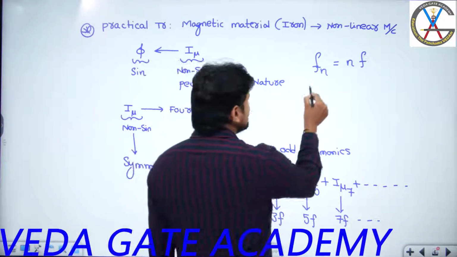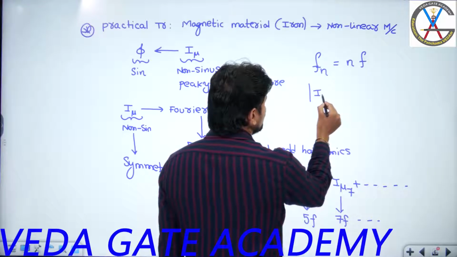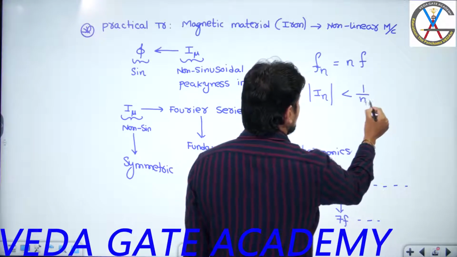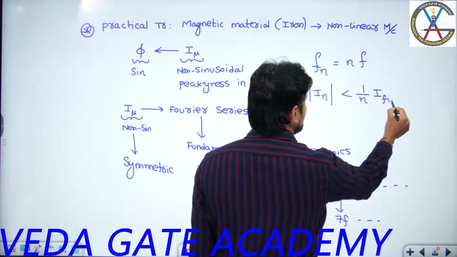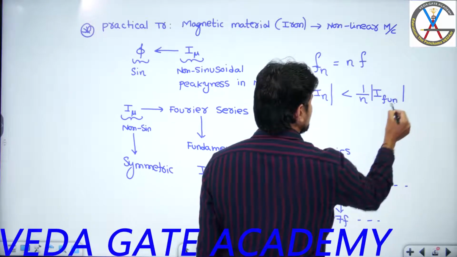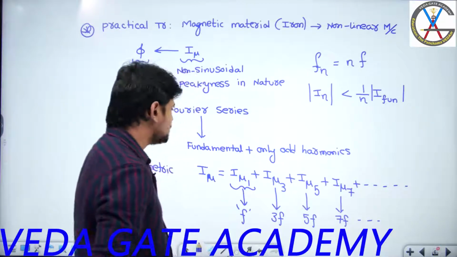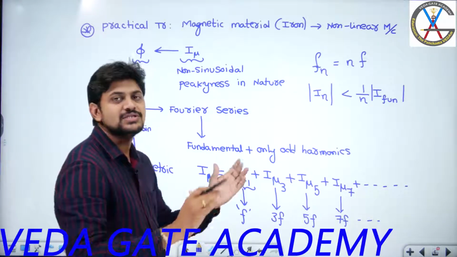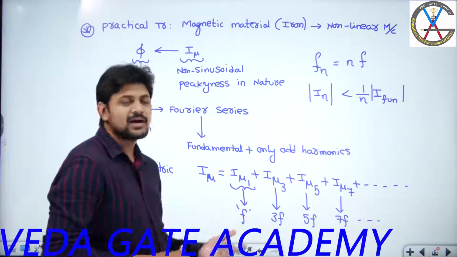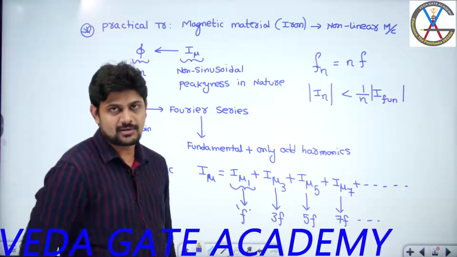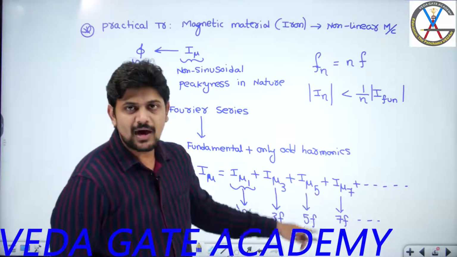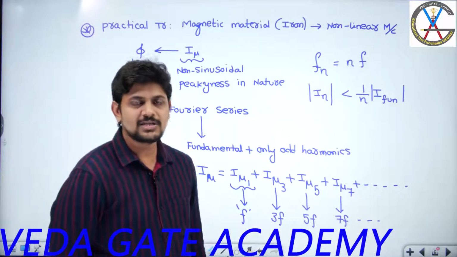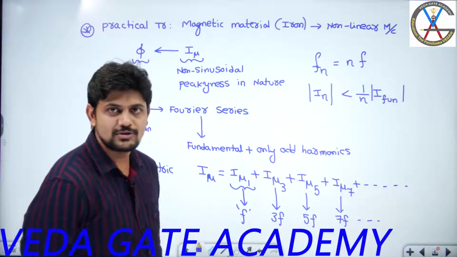But the magnitude of the nth harmonic component of current is always less than 1 by n times the fundamental magnitude. So if the fundamental magnetizing current is 10 amperes, then the third harmonic magnetizing current will be less than 10 by 3. Similarly, the fifth harmonic magnetizing current magnitude will be less than 1 by 5 times 10, because I am assuming the fundamental magnitude as 10 amperes.